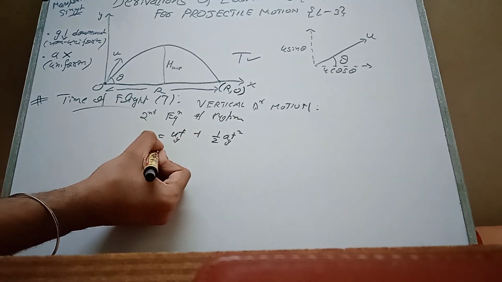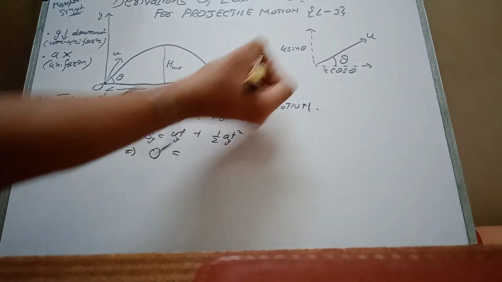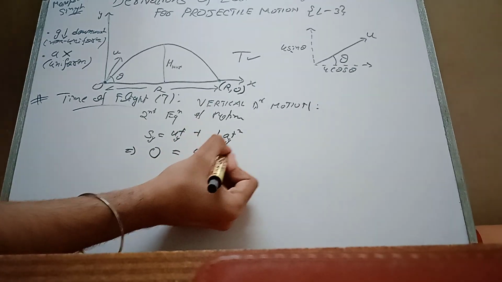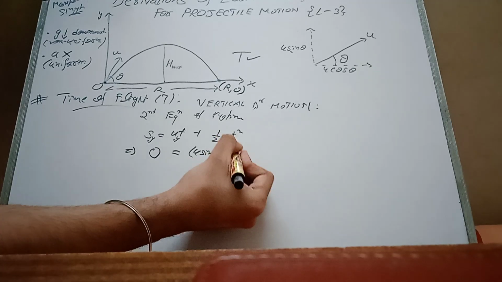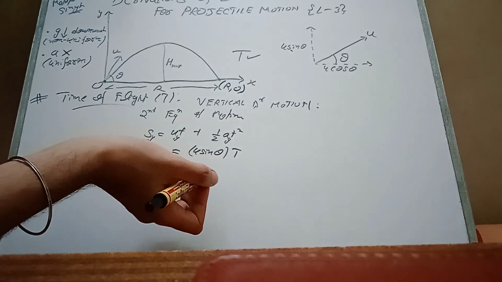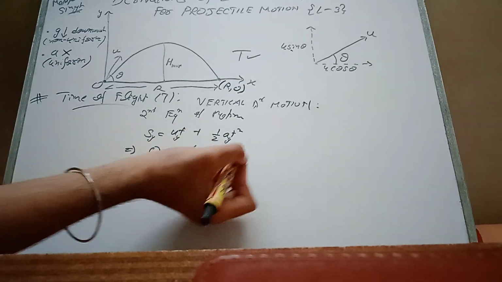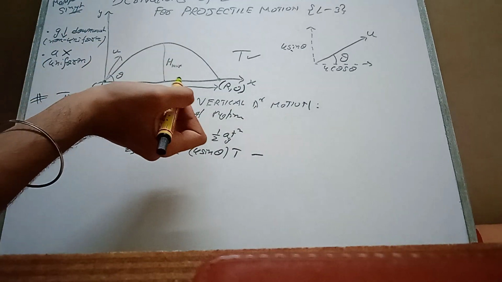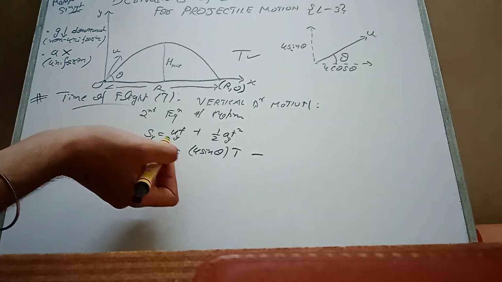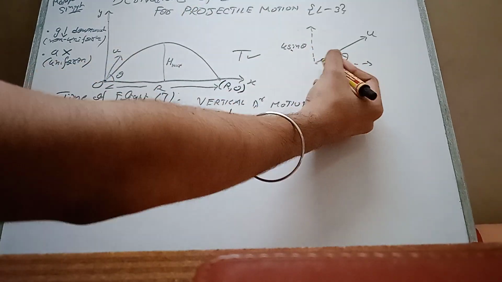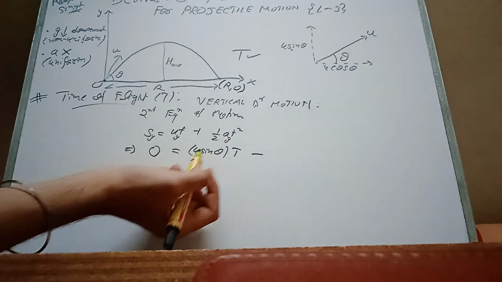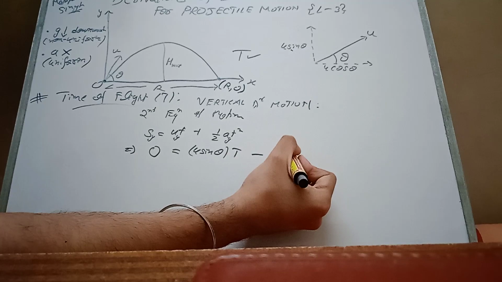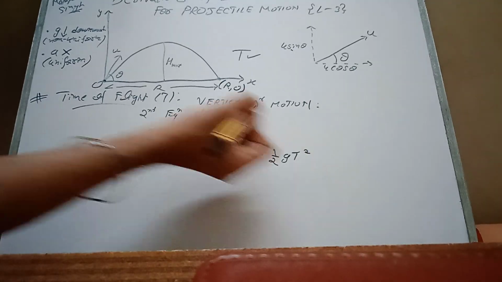So s in y direction is 0, u in y direction is u sin theta into t, capital T, vertical motion meaning total time of flight, capital T, minus, because g is acting downwards while the velocity is upwards, so it is negative. So minus 1 by 2 g capital T square.